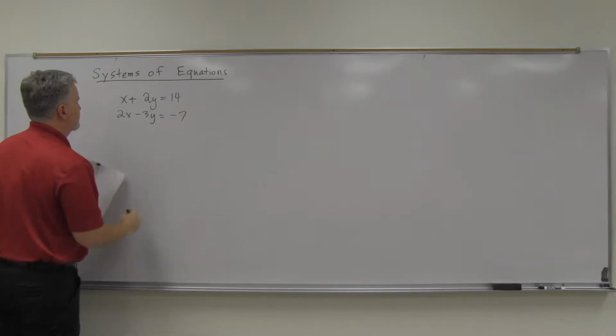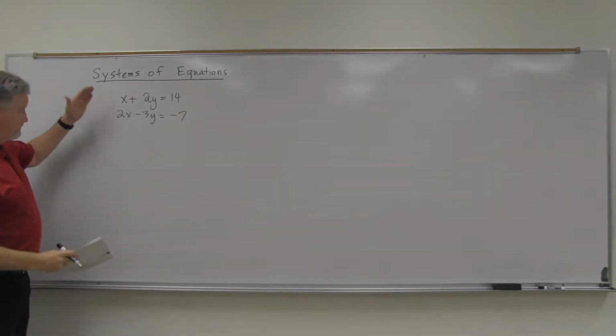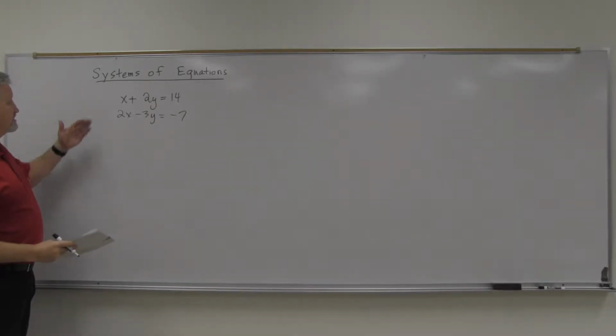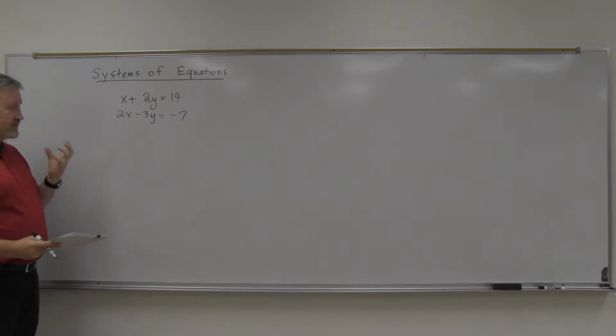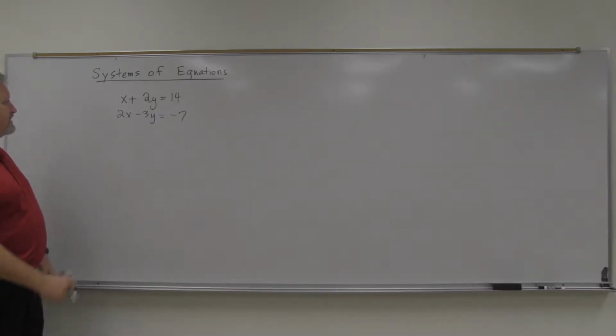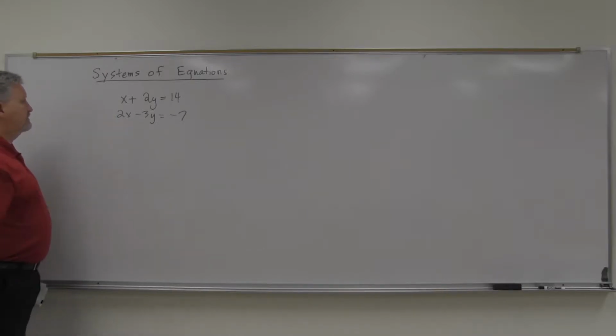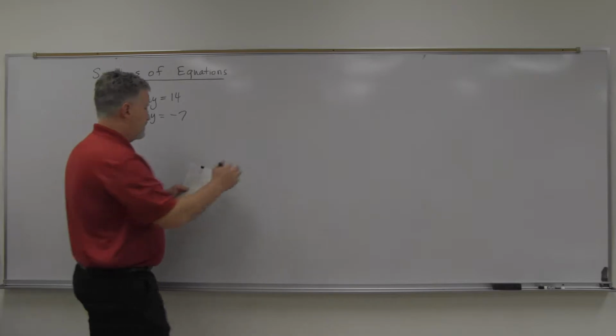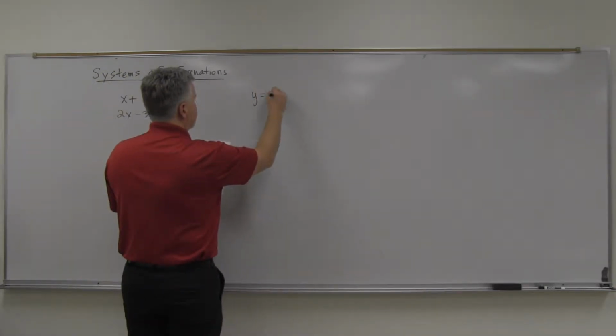We've done these equations before, it's just now they're going to be together in a set, so we call it a system of equations. This is two linear equations, but they can be really of any sort of equation.